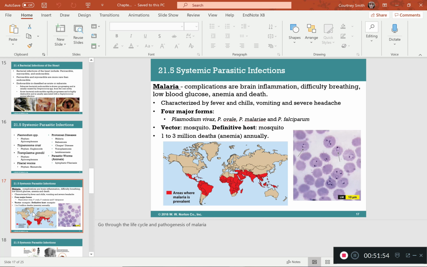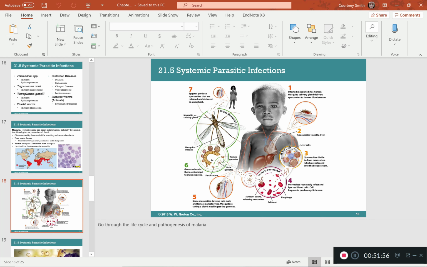With malaria, though, what happens essentially is that a mosquito becomes infected. A mosquito will bite a host, and then the parasite, the sporozoites, will travel to the liver cells. They'll reproduce in the liver cells to form merozoites or something. I don't even know how to say half these guys. Sorry, guys.